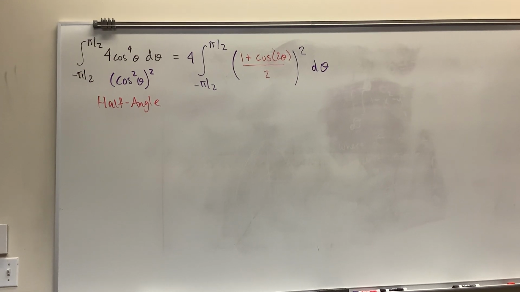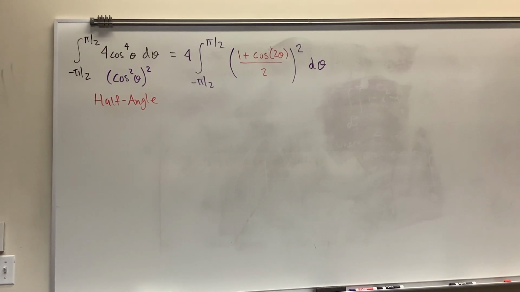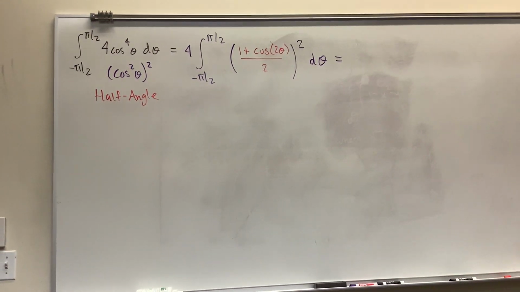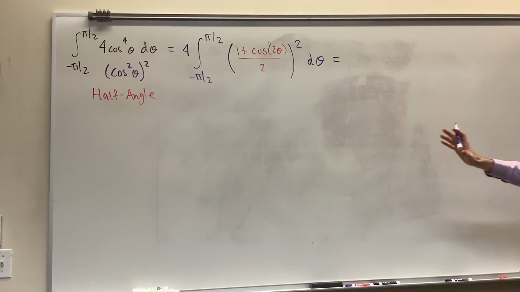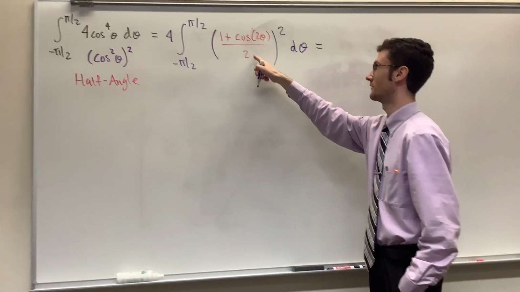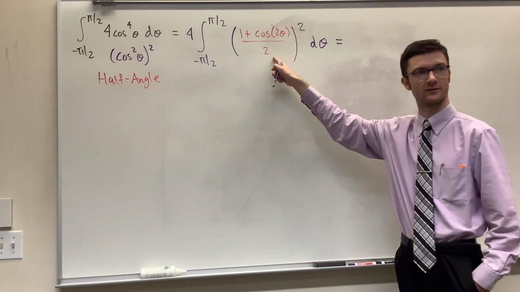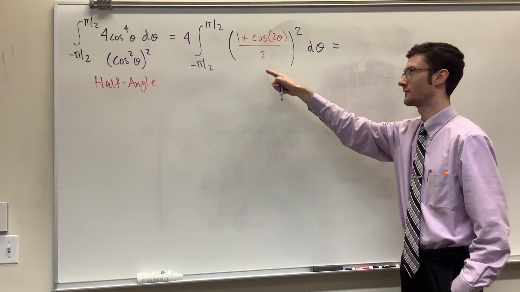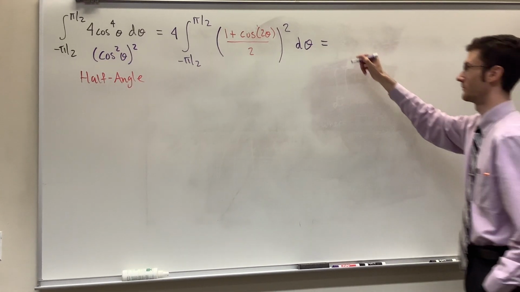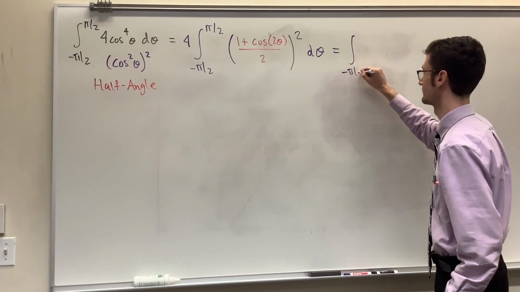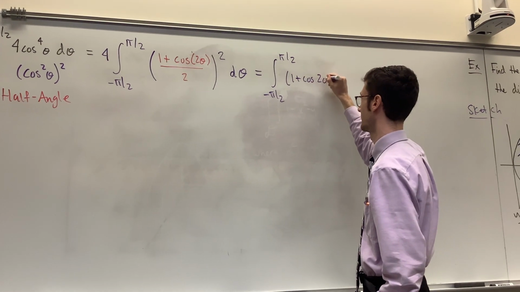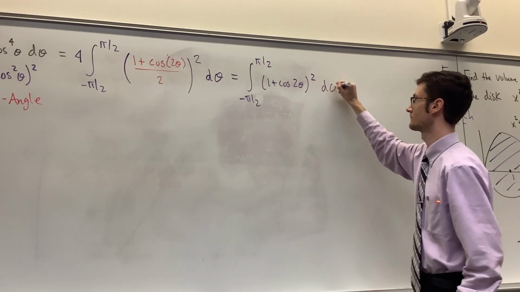Okay, so let's just go through this, be really careful here. The first thing I'm going to do is say this, and I'm not really going to write it. When we square the 2, we're going to have 1/4, right? 1/4 is going to hit that 4, gone. So really what we're going to end up with here is 1 plus cosine 2 theta, squared, right?